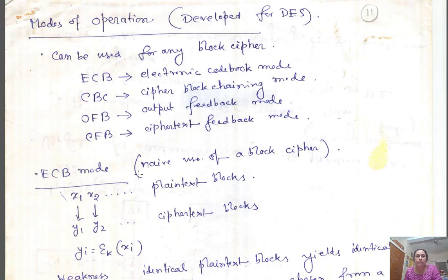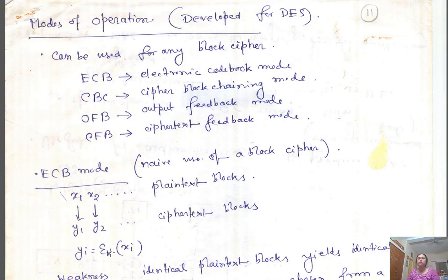So this is very simple. It is the plain use of a block cipher. You have a very long plain text and you divide it into blocks of the same size. X1 is a block of size L, X2 is another block of size L, like that. Suppose I have M blocks. Each of these plain text blocks is passed through the encryption box, which is actually the DES algorithm.